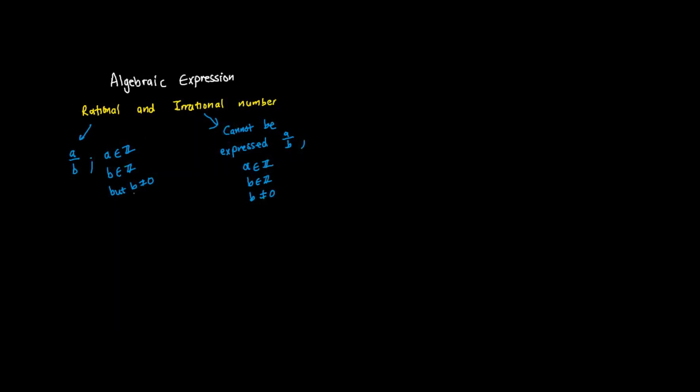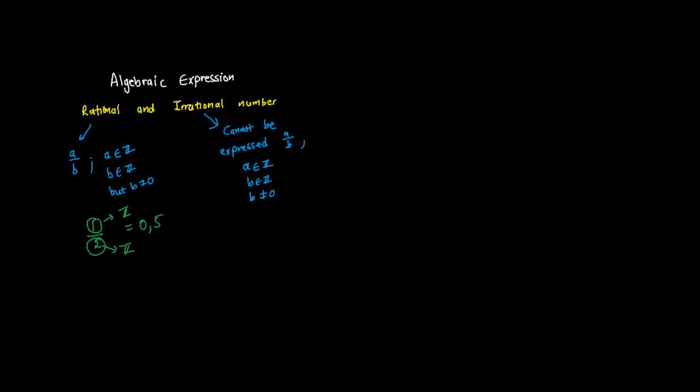A rational number can be expressed as a fraction. So for example, a half is a rational number. Why? Because 1 is an integer over 2, which is also an integer. So it's an integer over an integer. But of course, we can express half as a decimal, 0.5. And 0.5 is a rational number. Why? Because we can express that as a fraction.